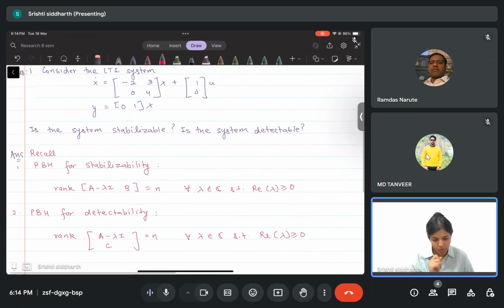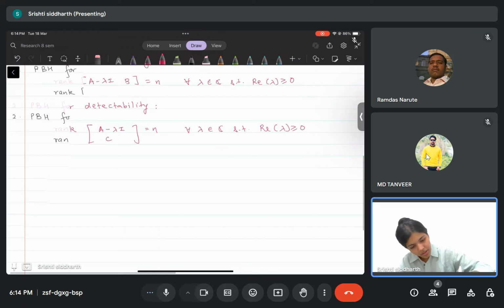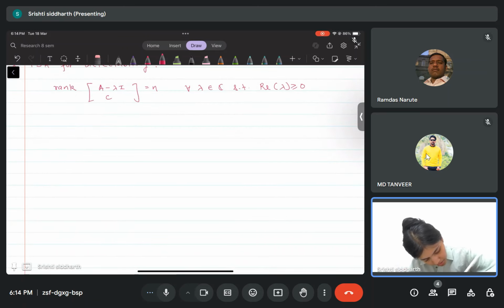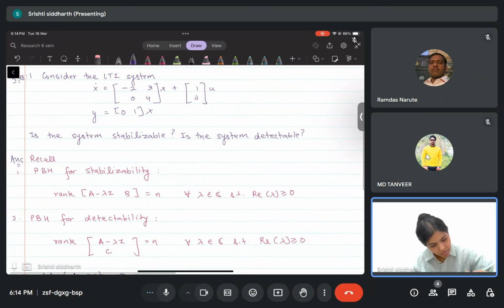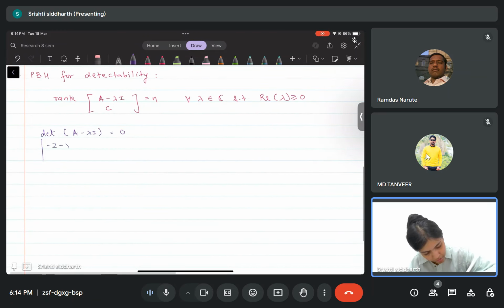For this, we first need to calculate the eigenvalues of A. So let's begin. We need to find the eigenvalues from the characteristic equation. This is minus 2 minus lambda, then 4 minus lambda, and the off-diagonal entries 3, 0.